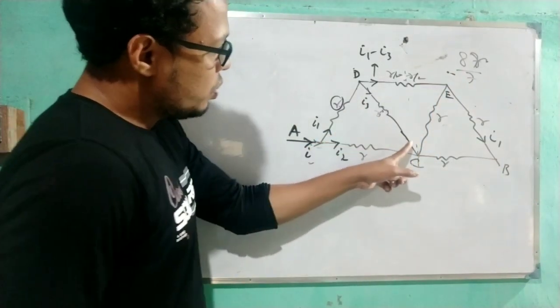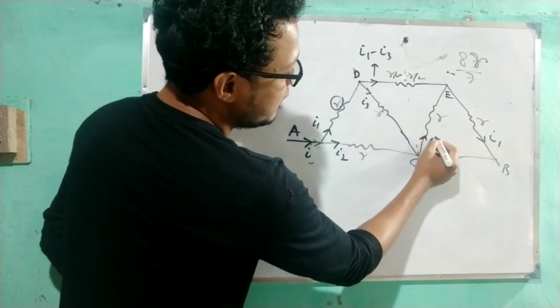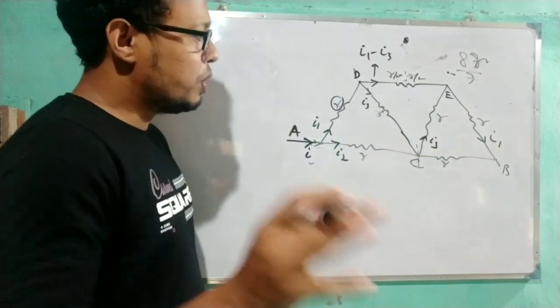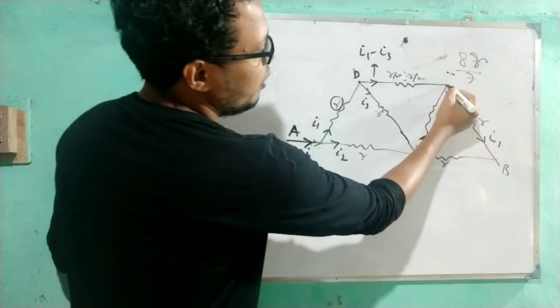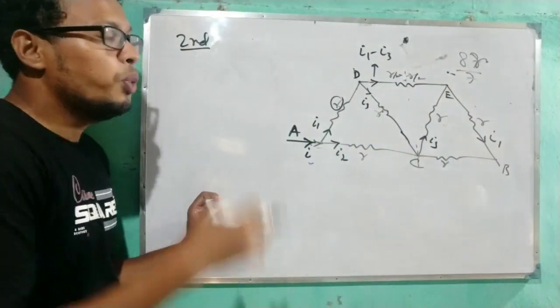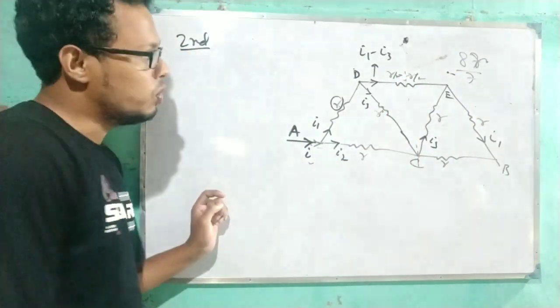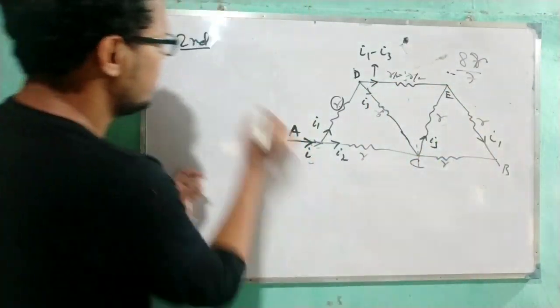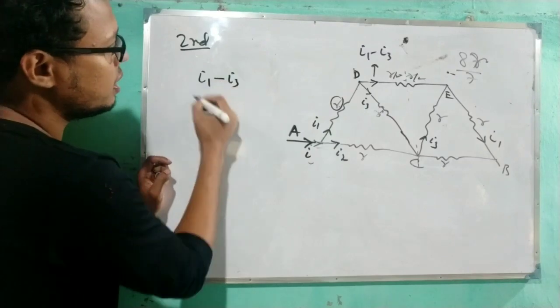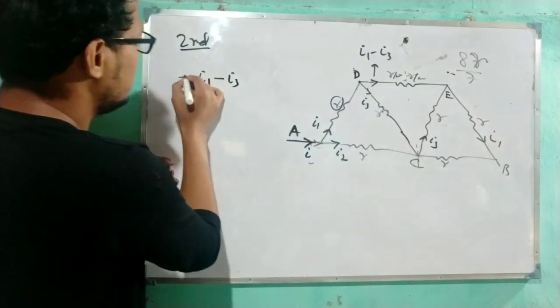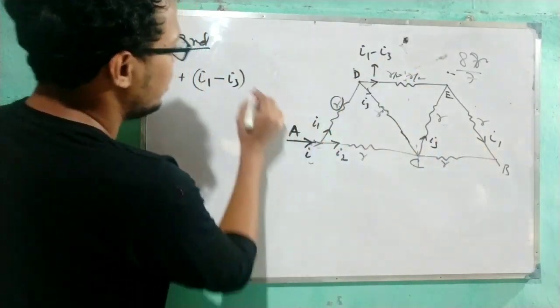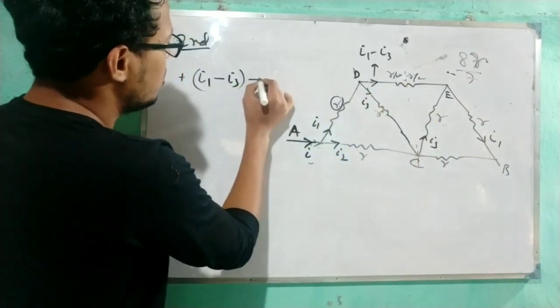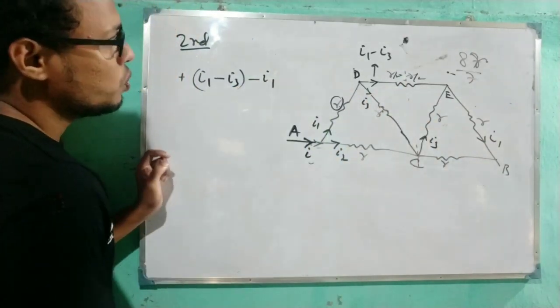So I3 is going, here is also I3 will pass. Why? Because look, if we apply the Kirchhoff's law over here, we will get the total current is 0. How? This is incoming, this is outgoing. So I1 minus I3 plus, this is total plus, I1 is outgoing, so this will be minus. Okay, so total will be 0.